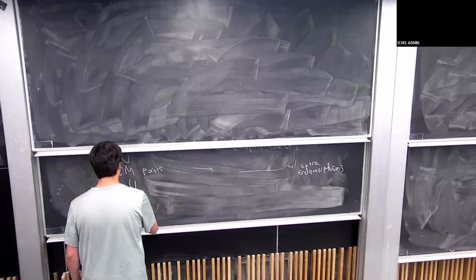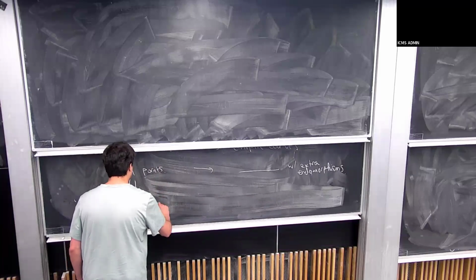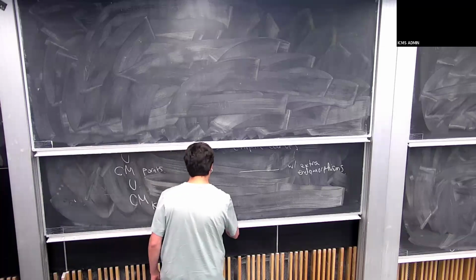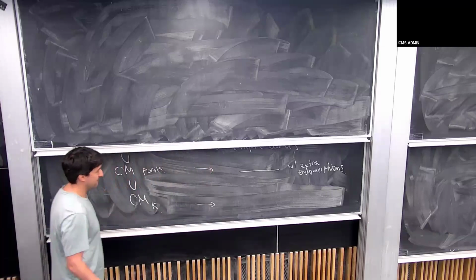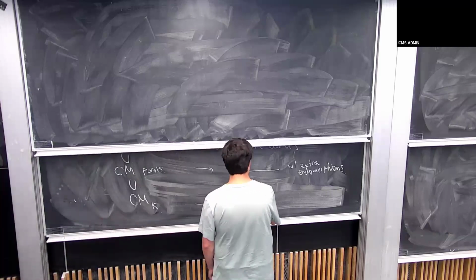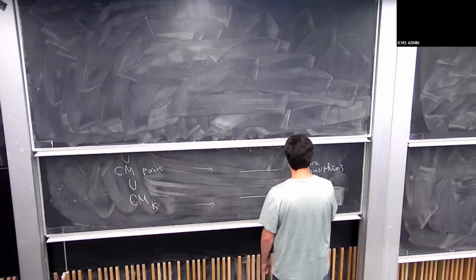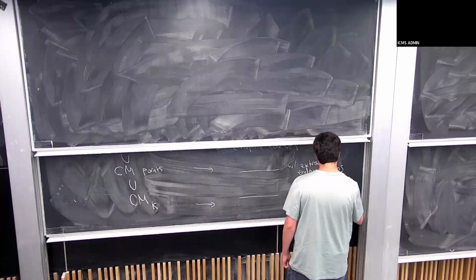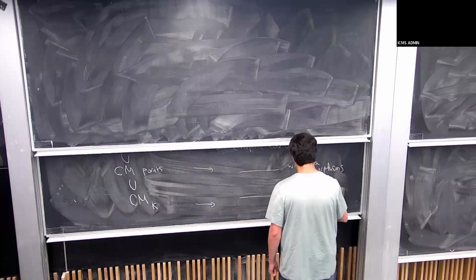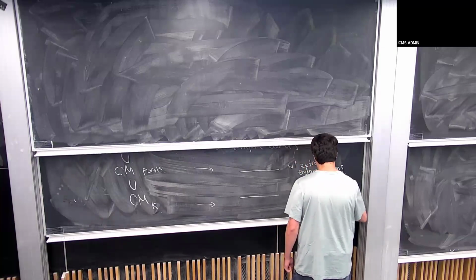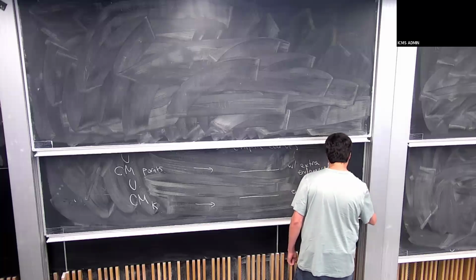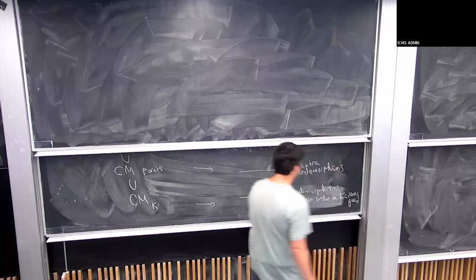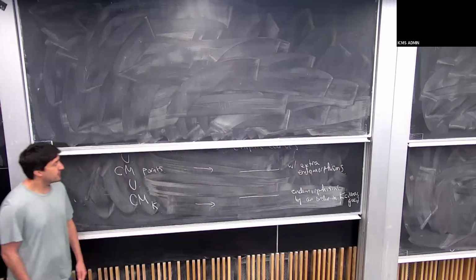So I call the collection of CM points, I might index these by an imaginary quadratic field K. So these are elliptic curves with endomorphisms by an order in K, which is an imaginary quadratic field.